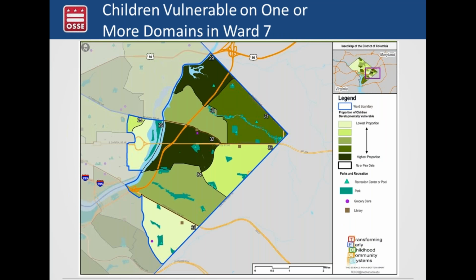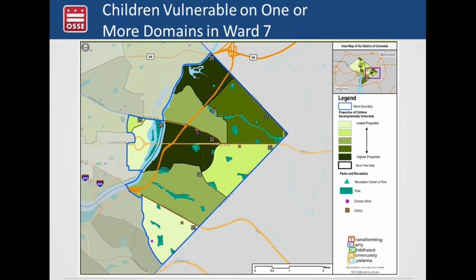And we're also able to overlay a variety of different kinds of data onto the EDI results, which help to give you a better picture of the reasons why certain neighborhoods may be doing well or have additional need. And so we're always looking for other important indicators that we may want to overlay to help explain what we're seeing here.